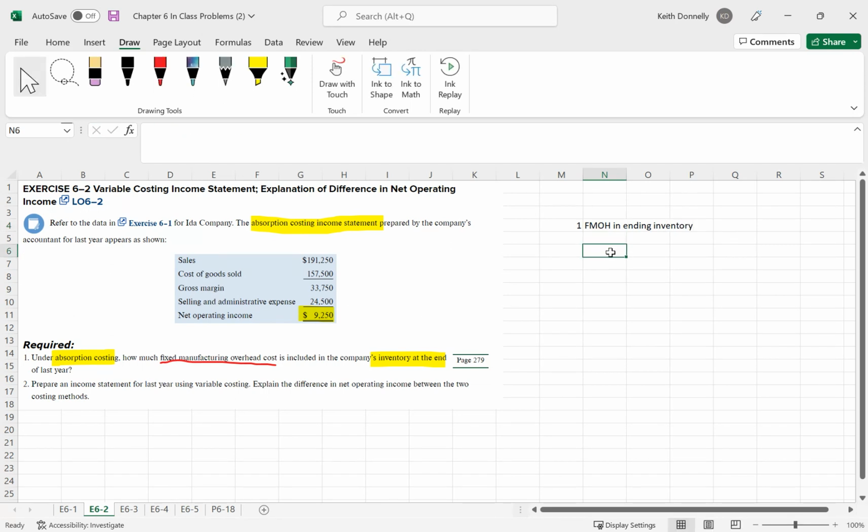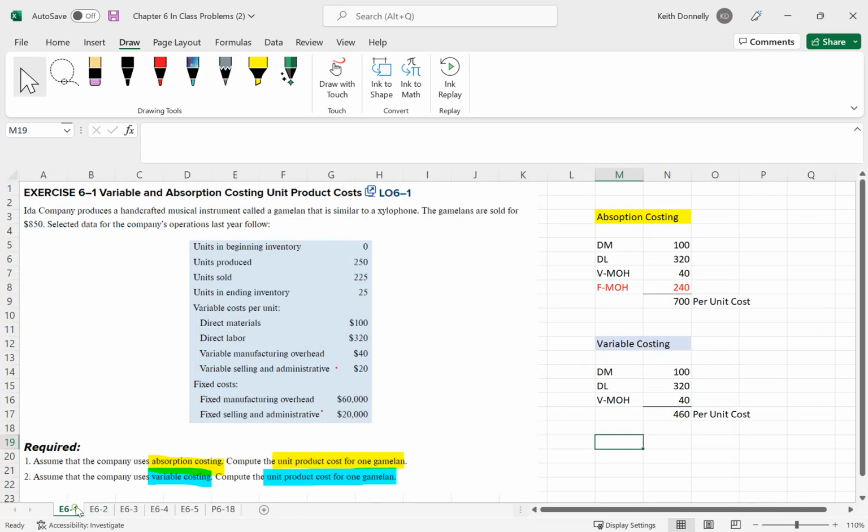Okay, so here's the idea with it. First thing we have to do is, remember it said refer to exercise 6.1. Looks like here we have 25 units in ending inventory. Now, in this case, we're using absorption costing, and on a per unit basis, we have fixed manufacturing overhead of $240.